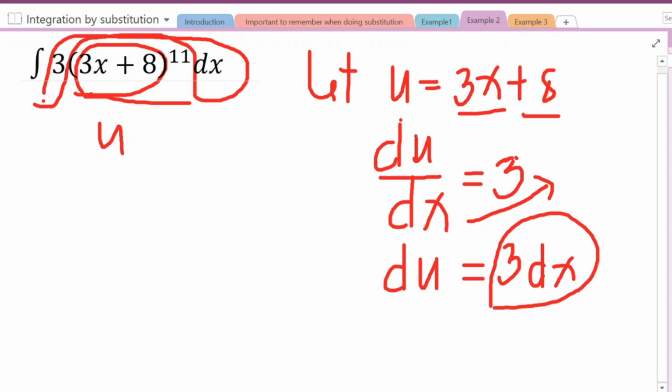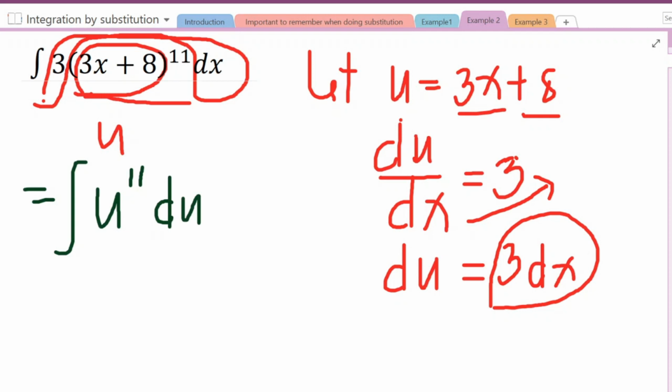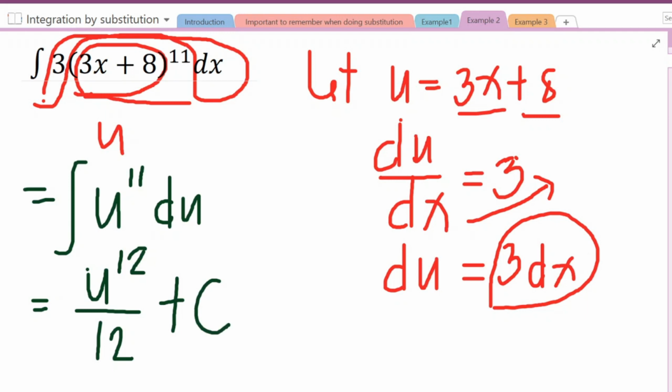So we can proceed with our substitution process. We now write integral of u raised to 11 du. We can now use the power rule to integrate this one. We proceed writing u raised to 12 over 12 plus c.